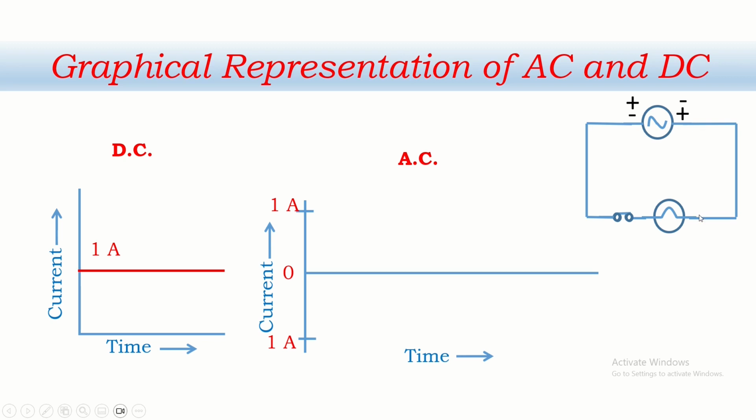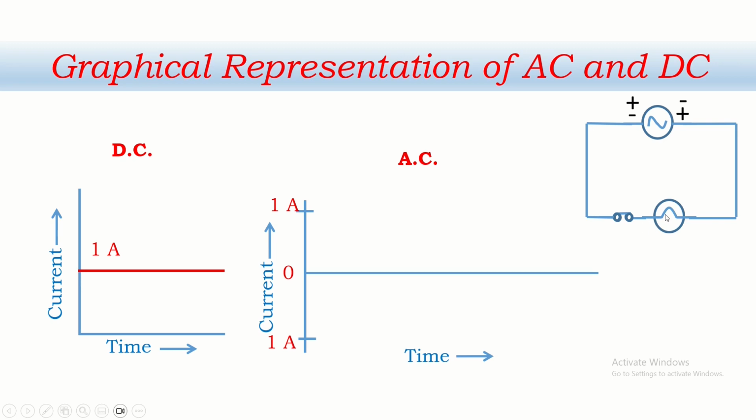When current enters this bulb, the value of current keeps on increasing: 0.1 ampere, 0.2 ampere, 0.3 ampere, and as I told you, if 1 ampere current is flowing through this bulb, then at last the maximum current of 1 ampere flows through this bulb. And when it leaves the bulb, it keeps on decreasing: 0.9 ampere, 0.8 ampere, 0.7 ampere.